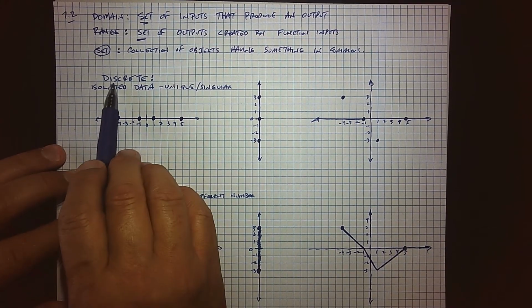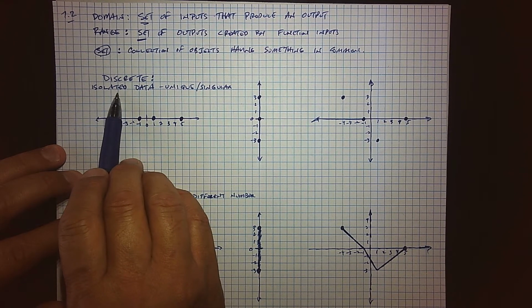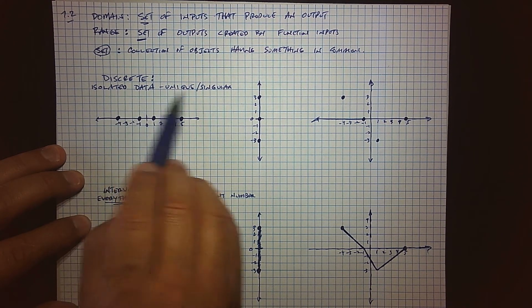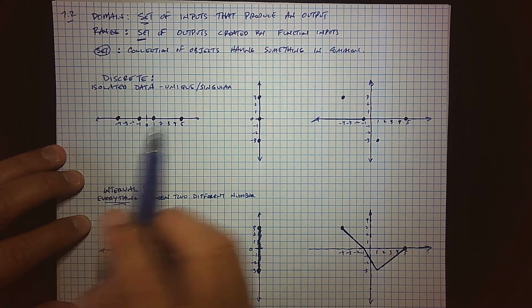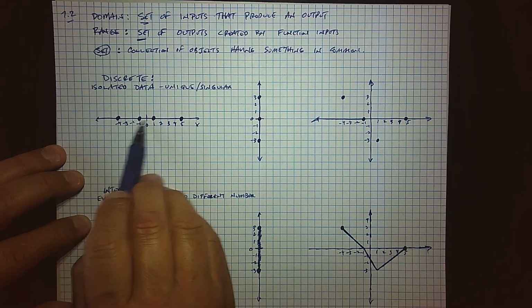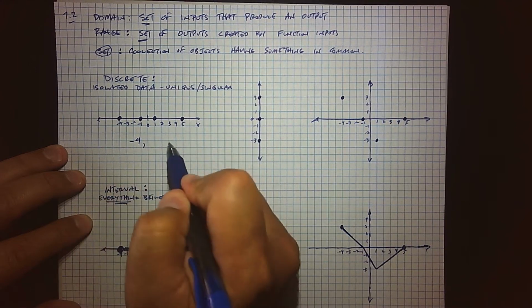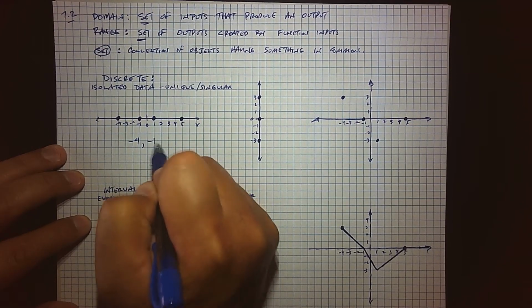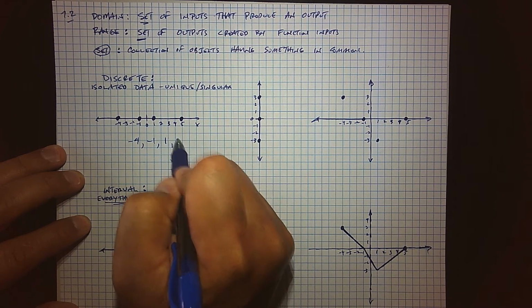The first type of set is called the discrete set. What we have in a discrete set is the data is isolated, they're unique, they're singular. So here's an example of an x-axis, and I have 4 distinct dots. What I'm representing here is -4 is a distinct dot, -1 is a distinct dot, +1, and 5.